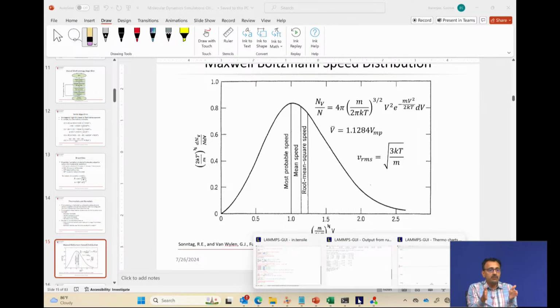If you're doing this very frequently, that's not really good for the configuration itself as it relaxes. So it's a balance. During equilibration, a lot of times you have a strong thermostat every 100 time steps, while as you get to the production run, you make it weaker.